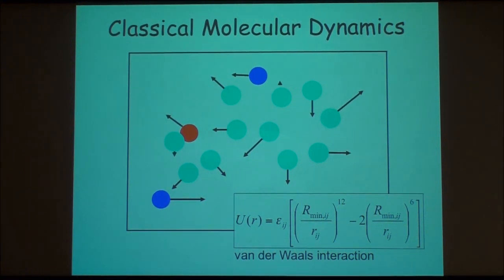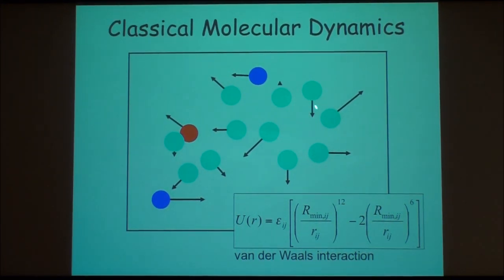That's a very simple case. If you know the initial positions and their initial velocities, or you assign their initial velocities randomly using some algorithm, and if you have a certain number of rules defining how they interact with each other, then you are all set to do your MD simulation.